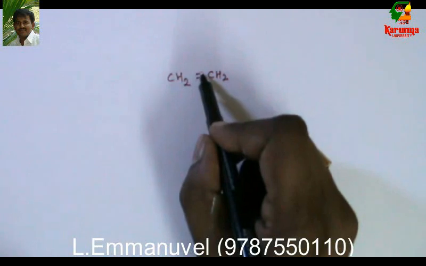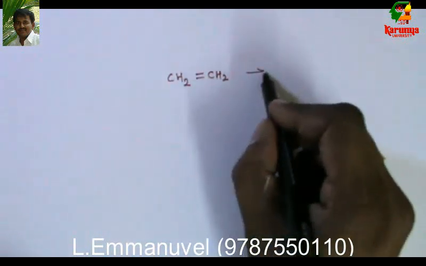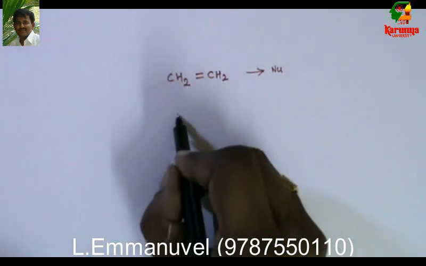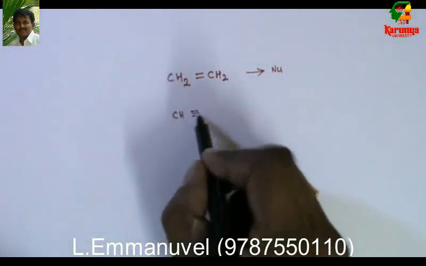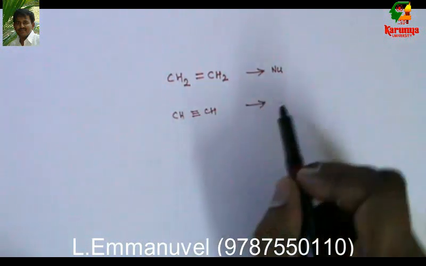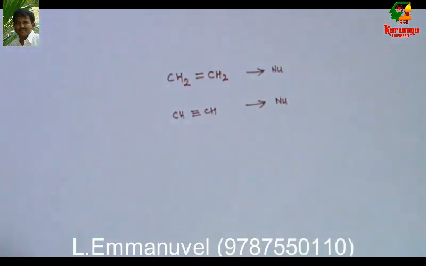Since there is a double bond, this is nucleophile. Similarly, if you go for alkyne, because of this multiple bond, this acts as nucleophile.